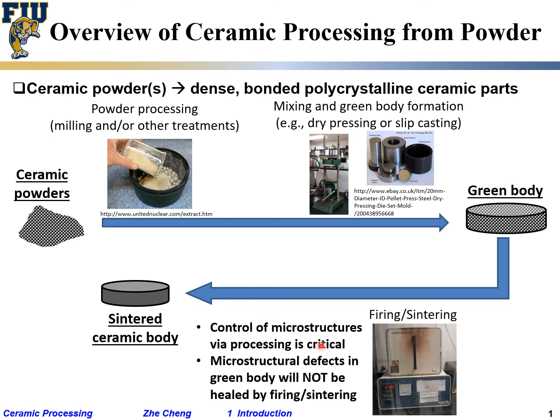And in this process, it's very straightforward, but the tricky part is to control microstructure. To control the structure, you ask me, how do you control the two layers without delamination? How do I control the large size pores versus small size pores? To control this, processing is critical.